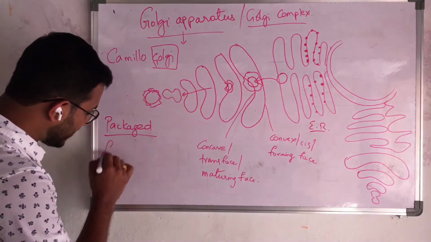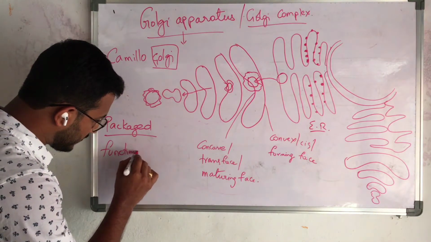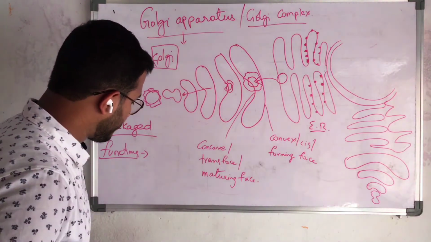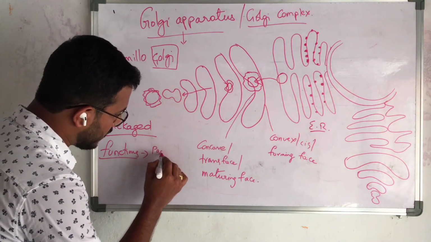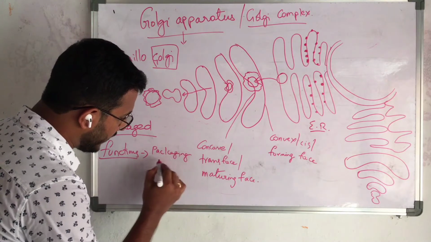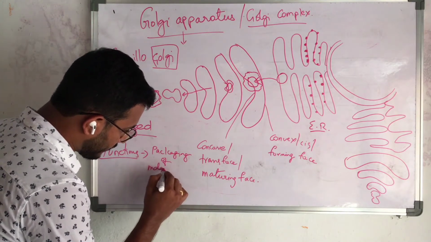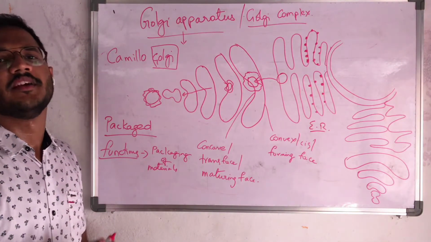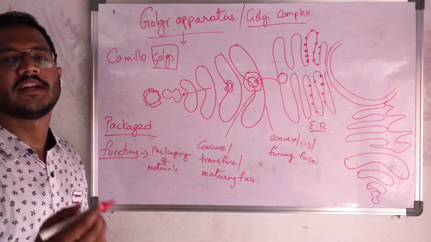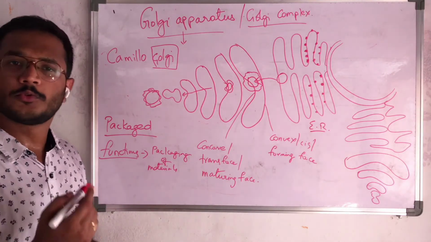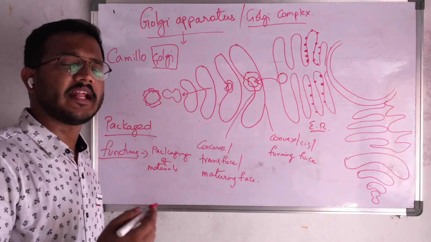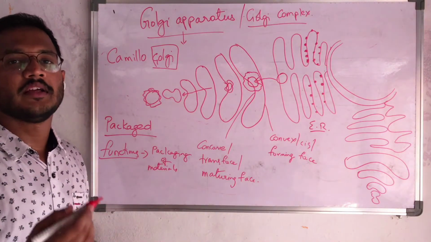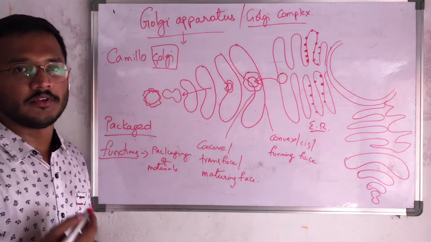So the main function of the Golgi apparatus we have to remember is packaging of materials. After packaging, that material can be transported to other regions of the cell itself, or to other cells. So two types of transport.